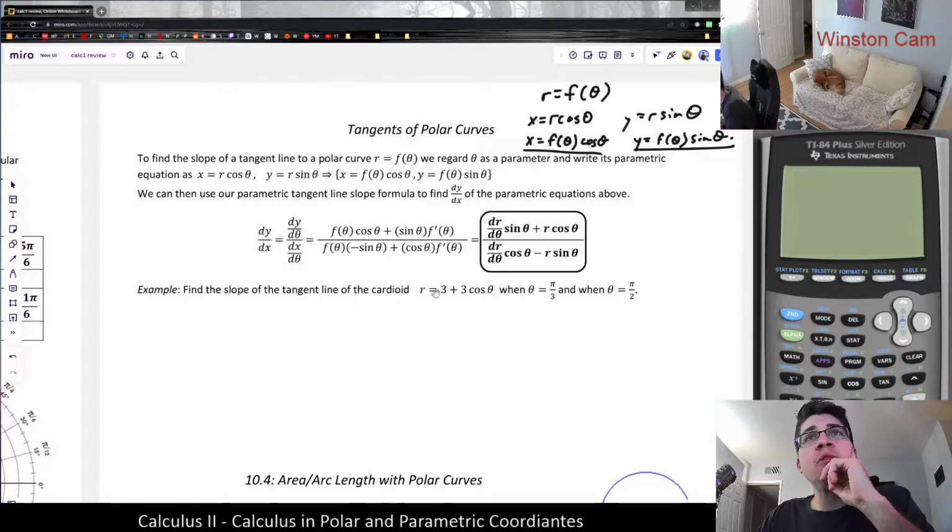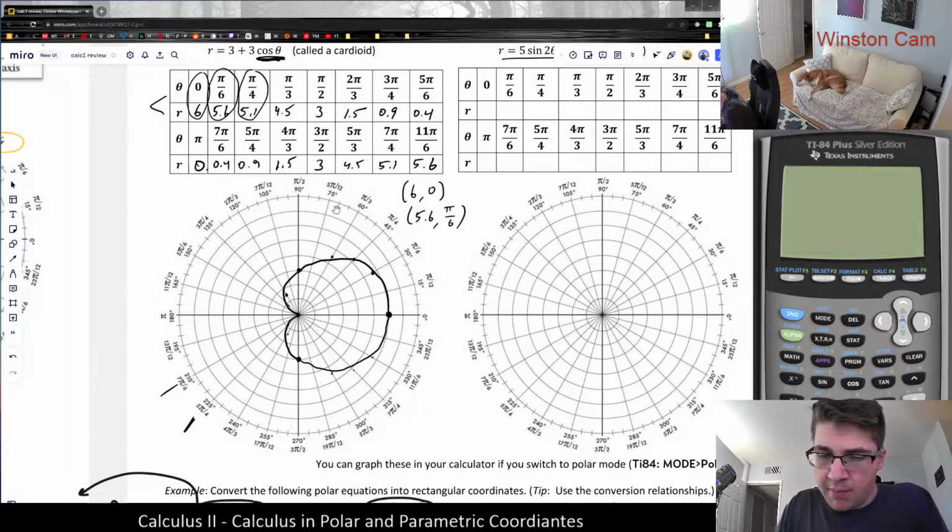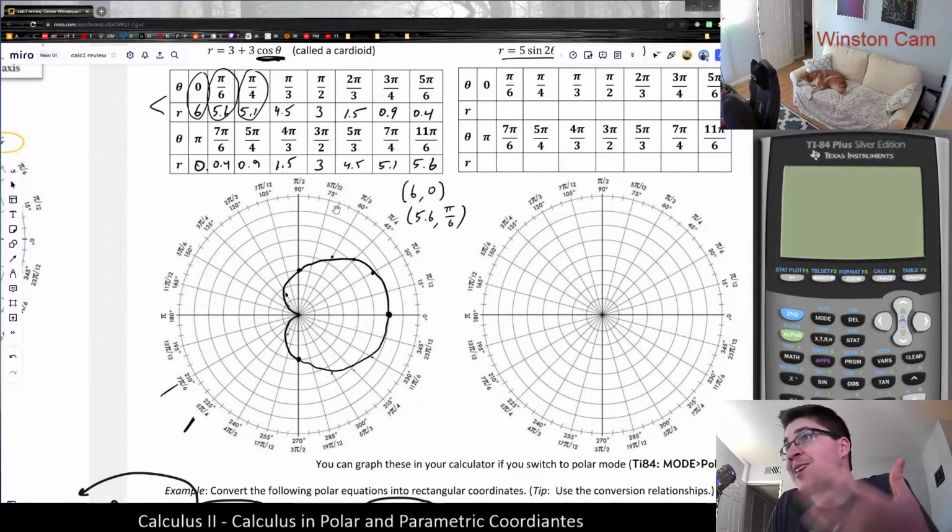So when theta is equal to pi over 3 or pi over 2, we graphed this in class recently. Say we wanted to look at pi over 3, we're at this point on the cardioid, which would be right about here based on our rough sketch. What is the slope of the tangent line there? If we wanted to know, we could use this formula.